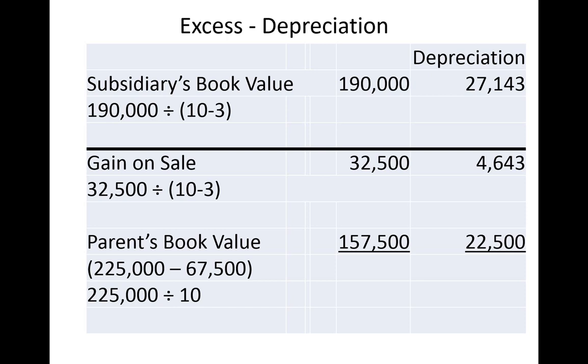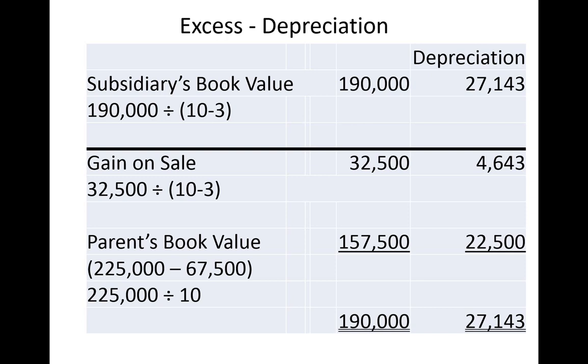And if we amortize that gain out over the remaining life, the $32,500 divided by 7, we get $4,643. And what we see is this, that the parent was taking $22,500, the sub is taking more than $22,500, and the reason they're taking more is that gain amount, the $32,500.